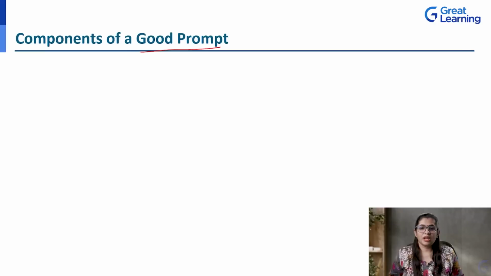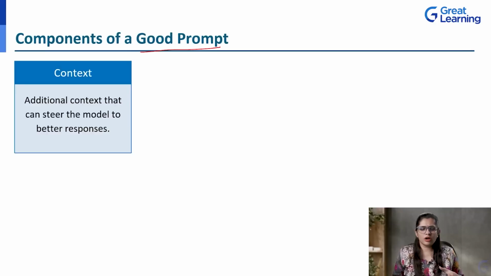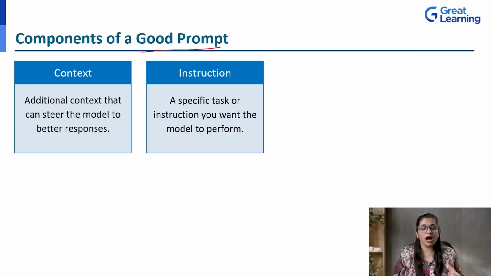Now let's see. The first two are context and instruction. These are interchangeable, depending on how you want to design your prompt. If you want to keep instruction first and then context in your prompt, you can do the same. If you want to keep the context first and then instruction, you can do the same.